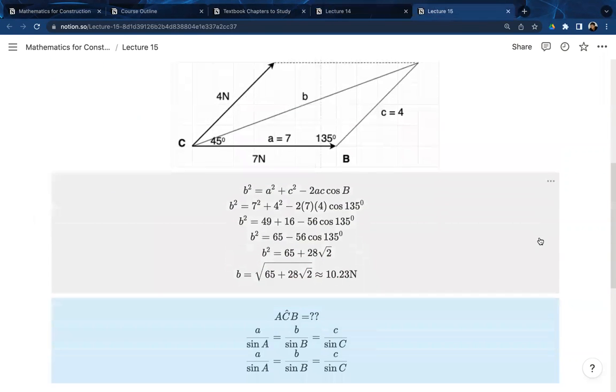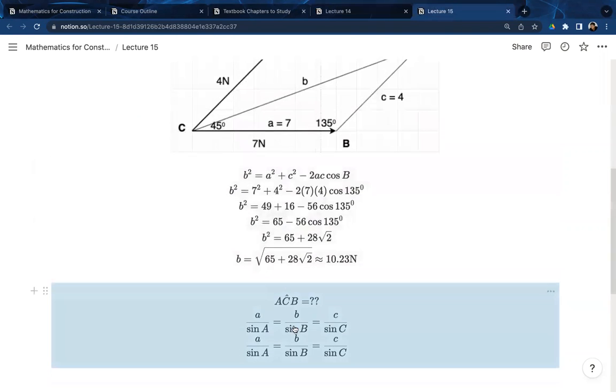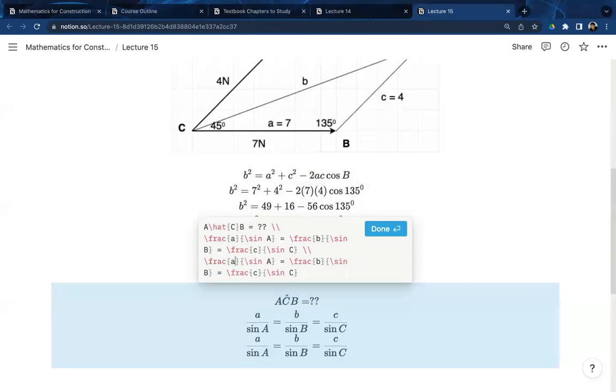So you can substitute into this thing here. A is what? A is 7, right? So this is 7. B is that 10.23. And C is 4. The other angle is 135 degrees. So the B is 135. We don't know ACB.